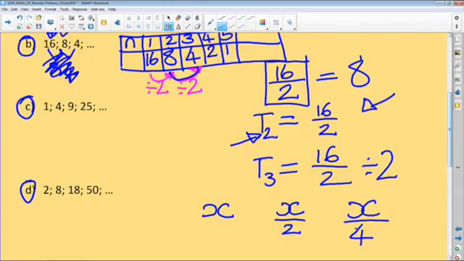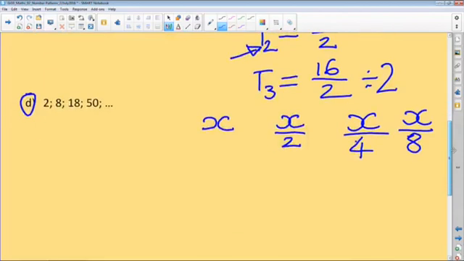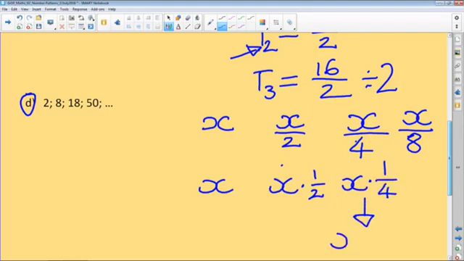And then we divide that by 2 again, which means we're dividing it by 8. Now if you think back to your exponents, what this could be written as is x, and x multiplied by a half, and x multiplied by a quarter, which we know is actually a half times a half.